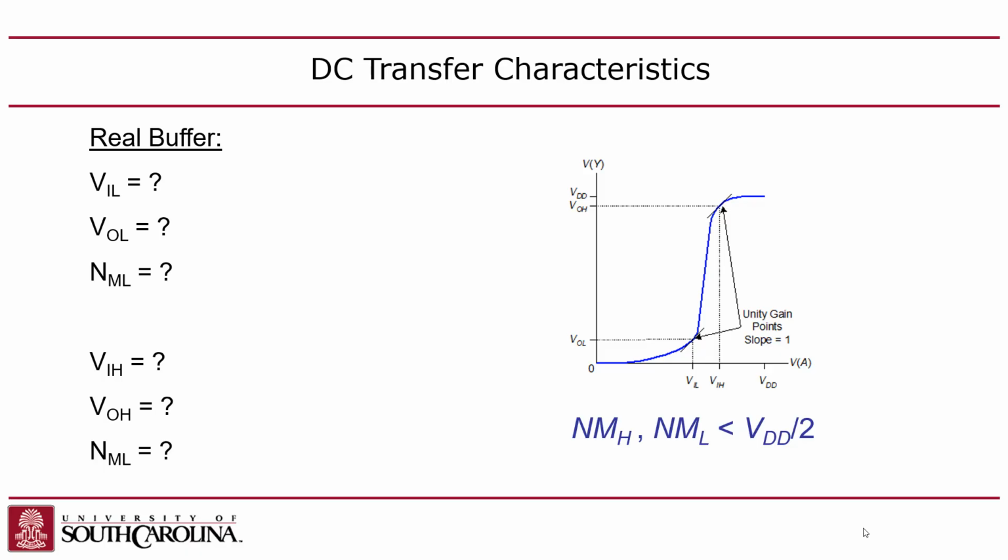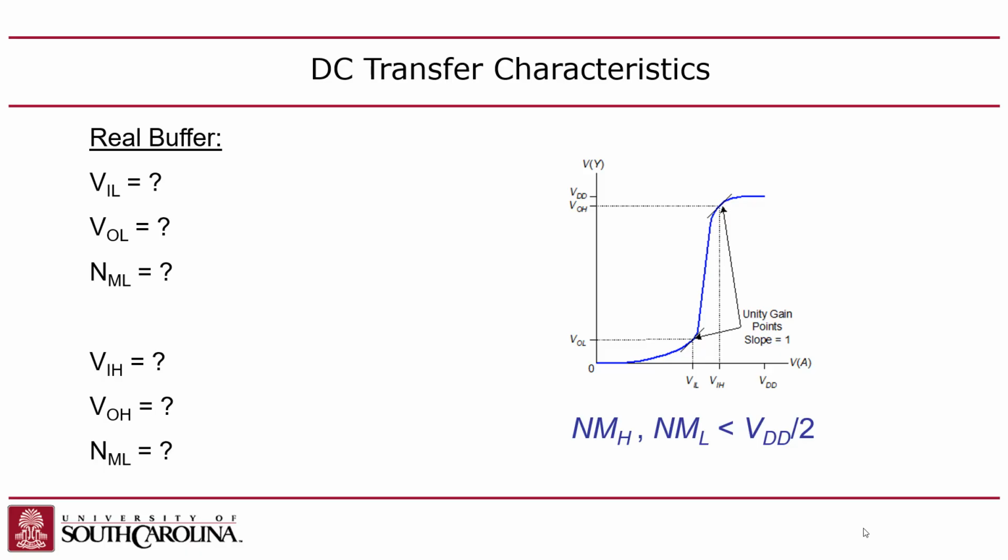Unity gain is when the slope, which is less than 1, less than 1, less than 1, will eventually hit 1 and then become much greater than 1. So the unity gain is the point at which the slope of that line becomes 1, and that's where things take a drastic turn. Now, the point on the output voltage where that happens is the VOL.